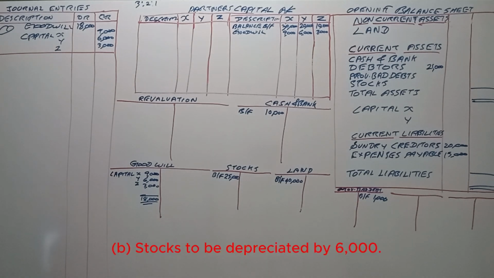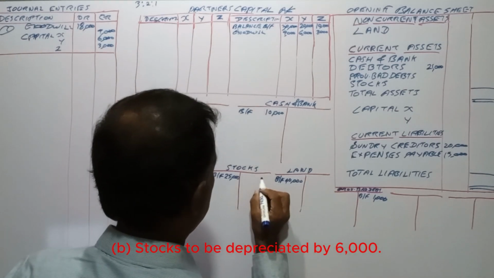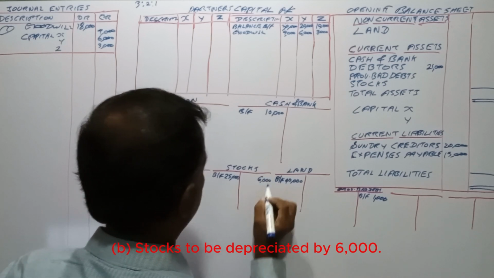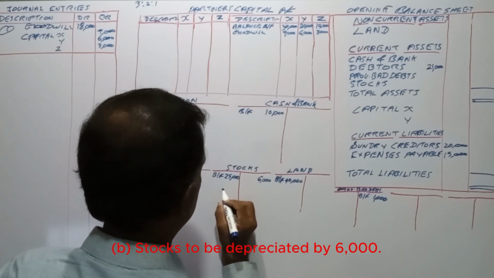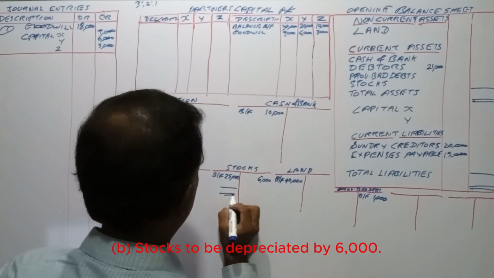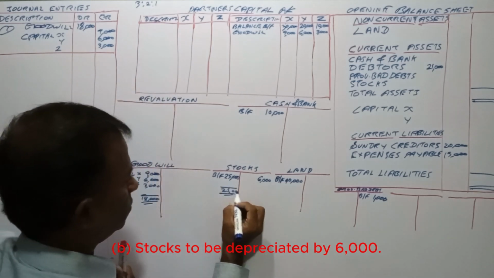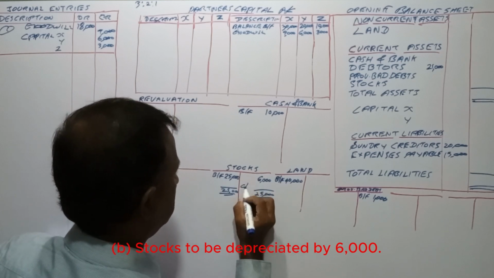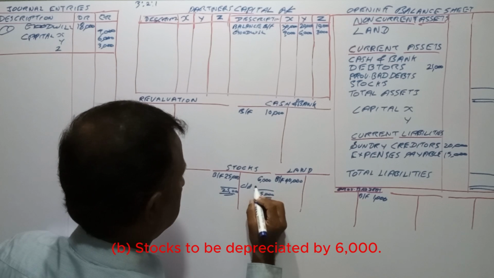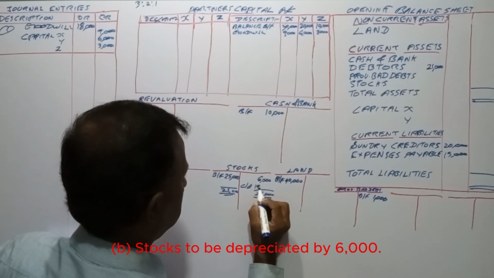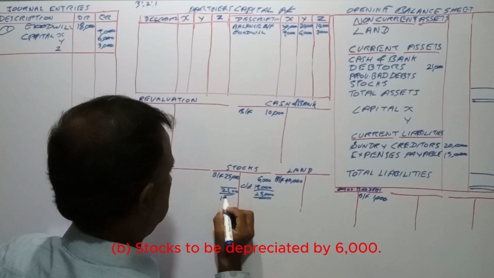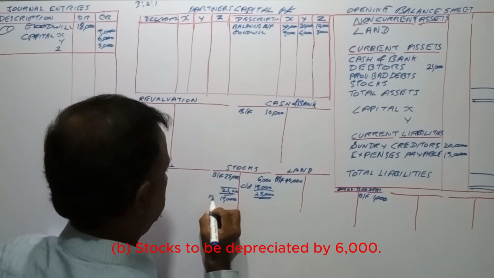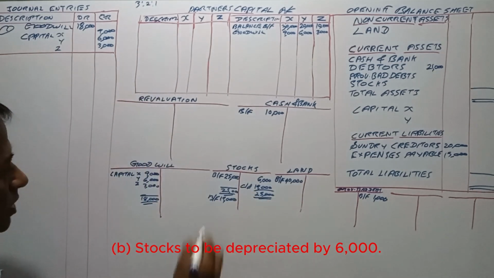Stocks are to be appreciated, sorry, reduced by 6,000. The stock of 25,000 should be carried down at 19,000, so it is reduced by 6,000.